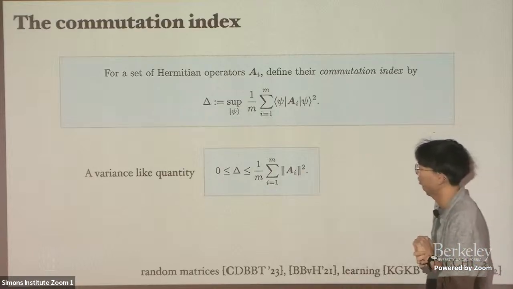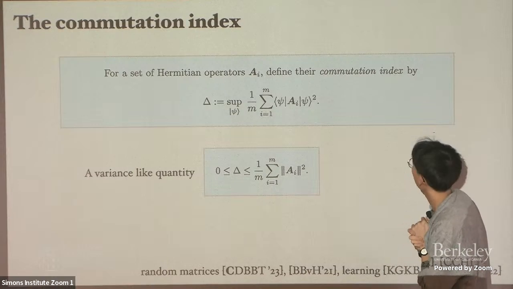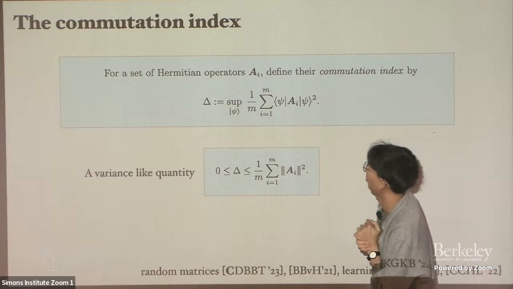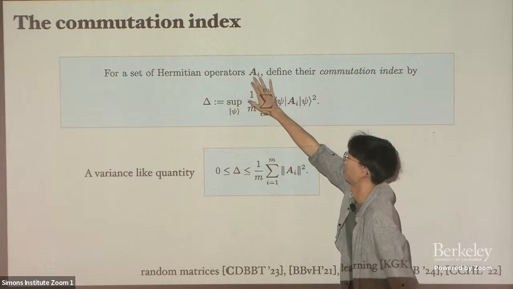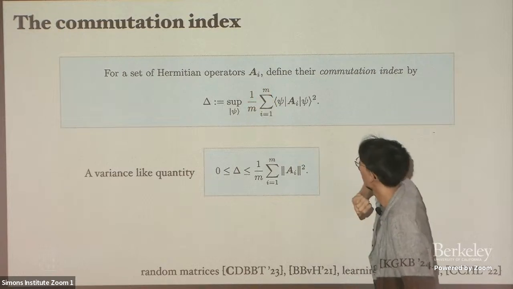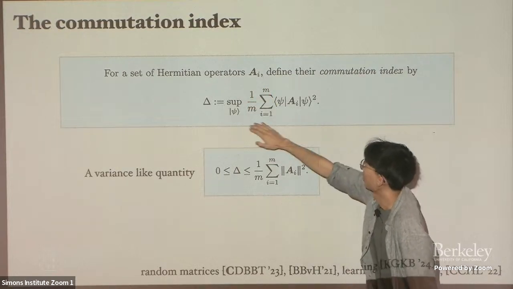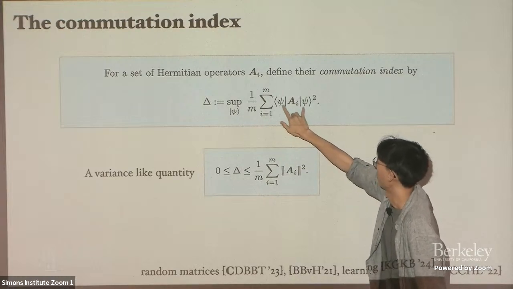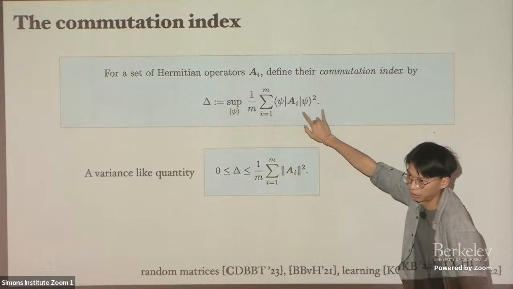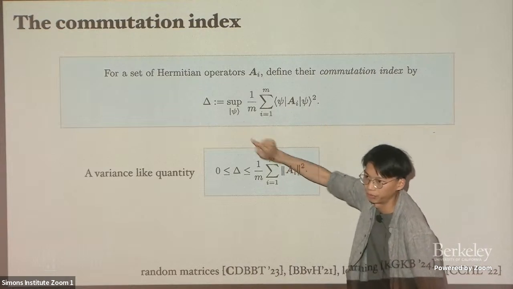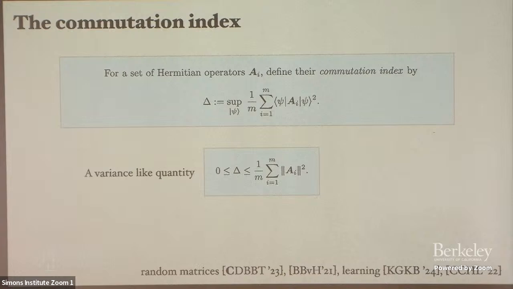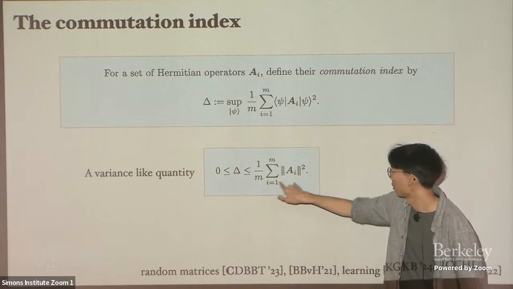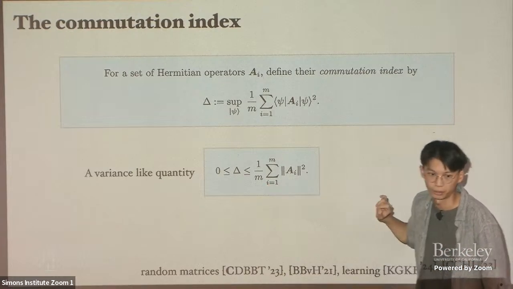It's something that looks like a variance, but slightly more than that. Given a set of Hermitian operators, we're going to take these to be our favorite Paulis or fermions, and we're going to consider this quantity. You sandwich all these operators with your state, take squares, and then take the supremum over a fixed input state. So it's always bounded by the square of the norms, but it could be smaller.